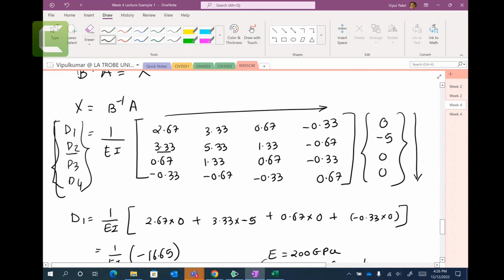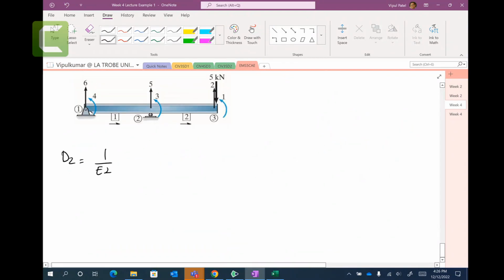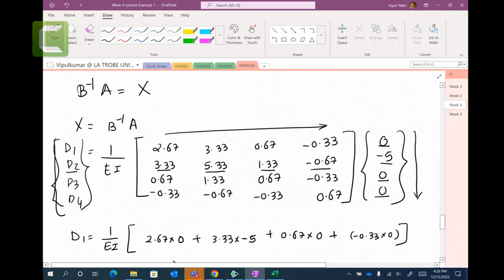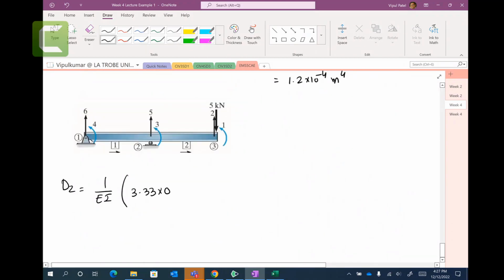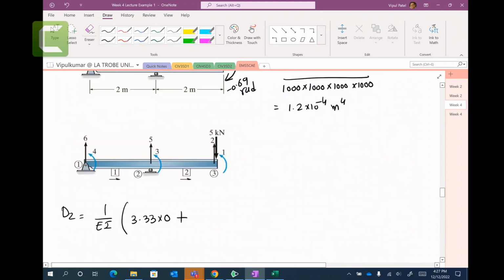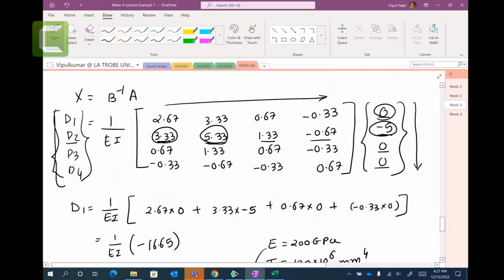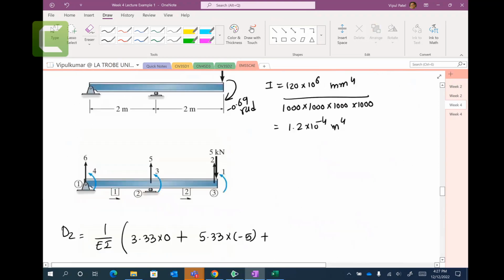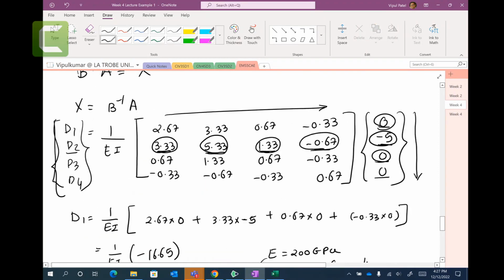D2 is equal to 1 over EI times 3.33 times 0 plus 5.33 times minus 5 plus 1.33 times 0 plus minus 0.67 times 0.